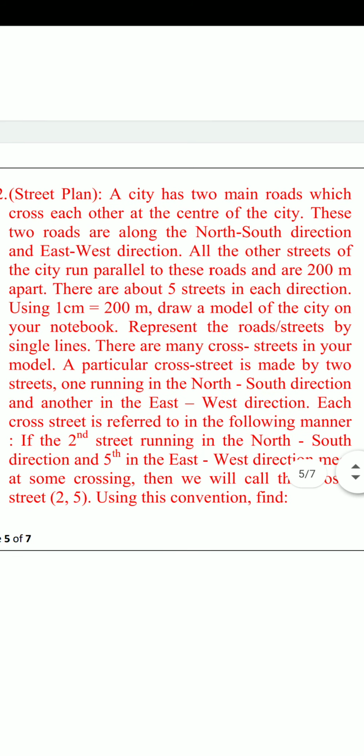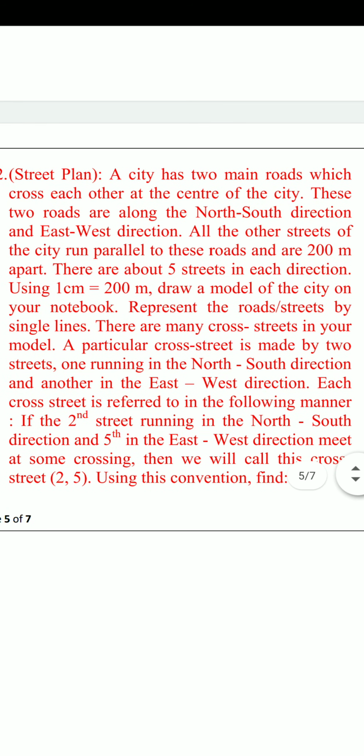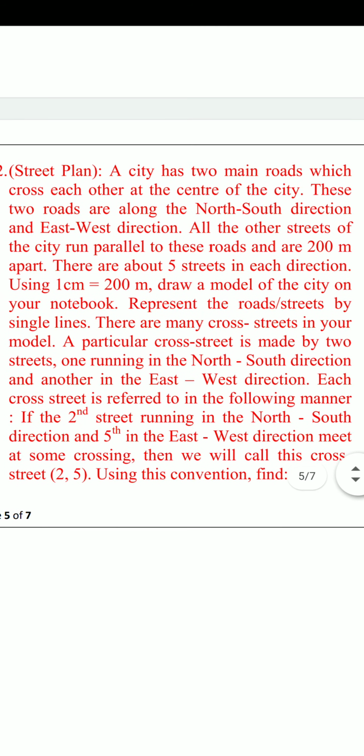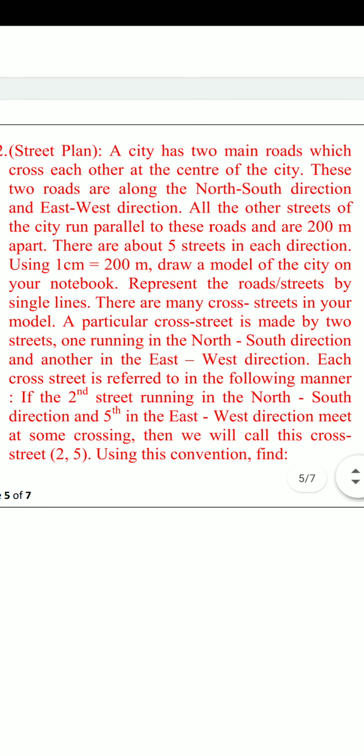There are many cross streets in your model. A particular cross street is made by two streets, one running in the north-south direction and another in the east-west direction. Each crossroad is referred to in the following manner. It is compulsory to know what we have to take first.